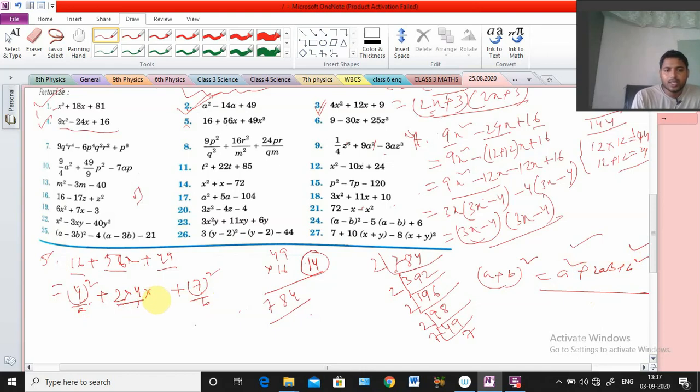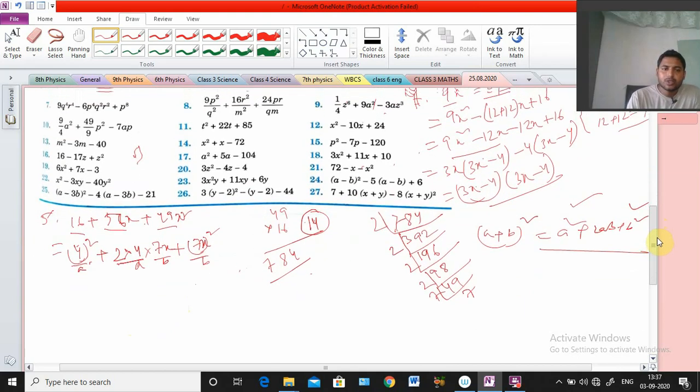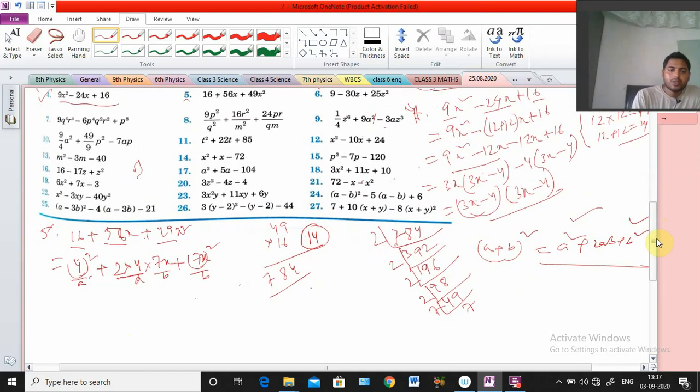Clear or not? Clear? And here 49 x square was there, no? 49 x square, that means here 7x will come. So now see, this one is a and this one is b. Now the formula is coming, sir. This process also we can follow, because here 16 means 4 square, that means a square.